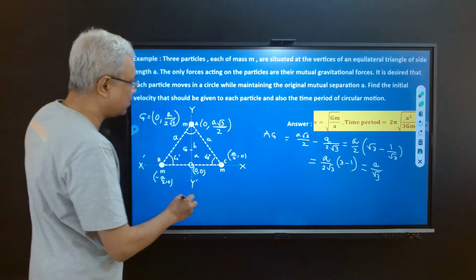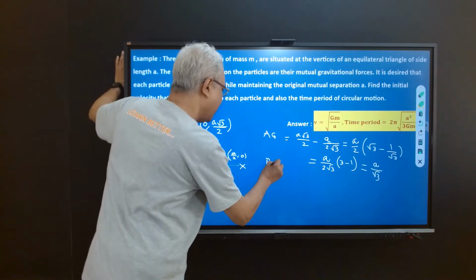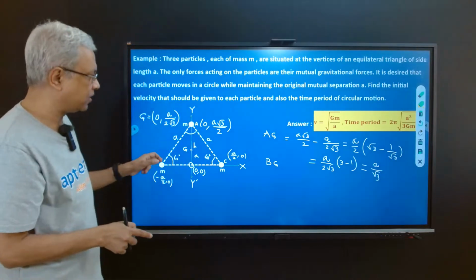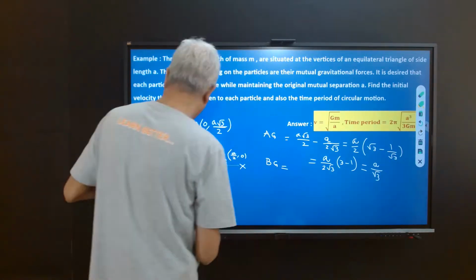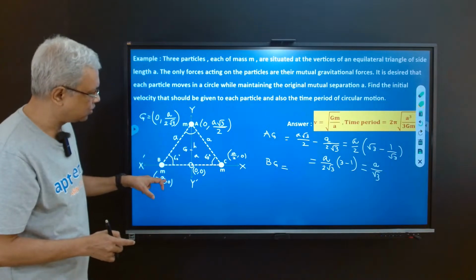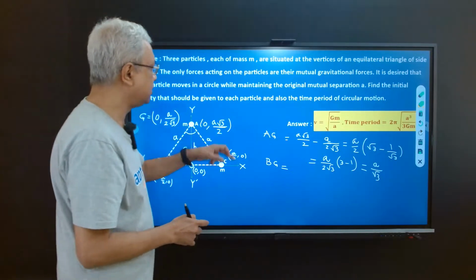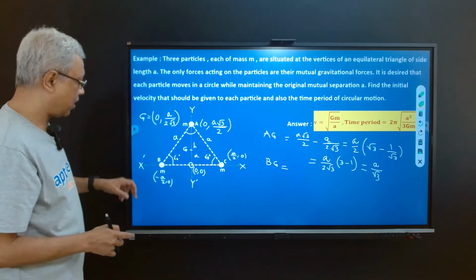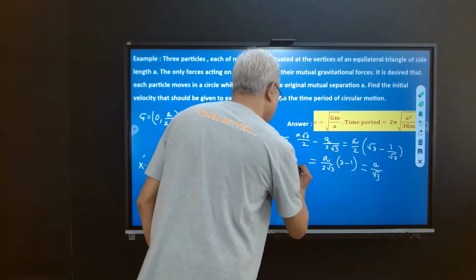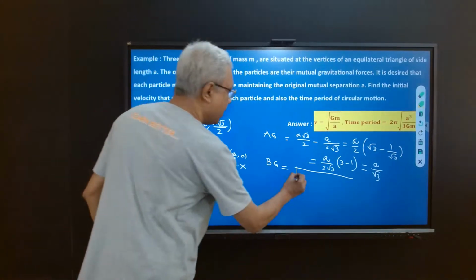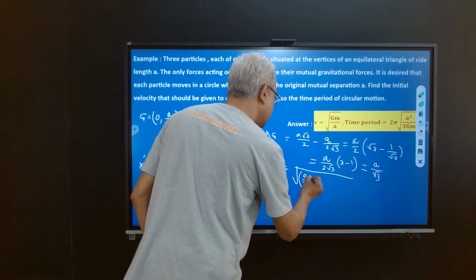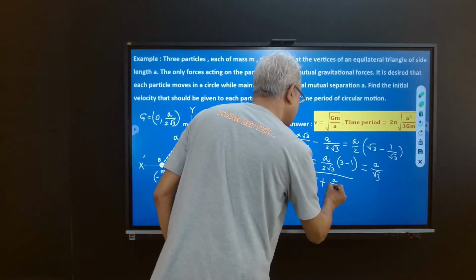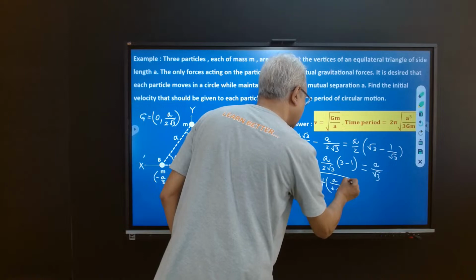Now see what is the value of BG. What is the distance of G from this mass? These are all point masses, okay? B's coordinate we know is minus a by 2, 0, and G's coordinate is 0, a by 2 root 3. So what is the distance BG? Simple. It is the square root of a by 2 whole square plus a by 2 root 3 whole square.